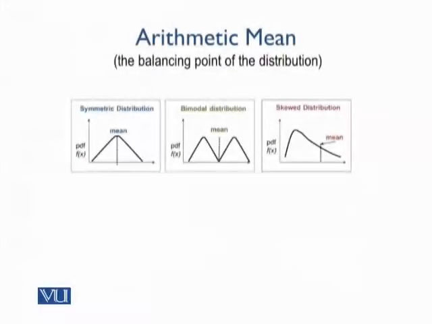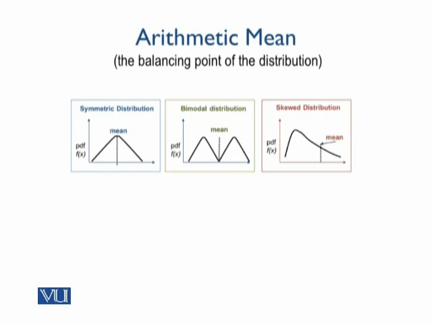A mean can give you a value which is not very typical of your population, and we'll explain this through an example. Let's talk about the performance of arithmetic mean for different kinds of distributions. You can see on the slide that for a symmetric distribution, the mean is the central point. So a mean is a good measure for a symmetric distribution because it gives us also the typical value.